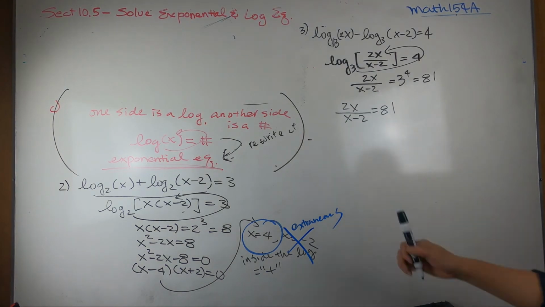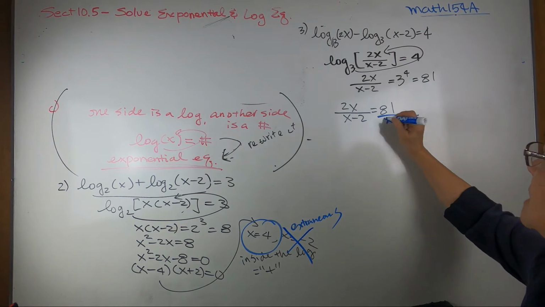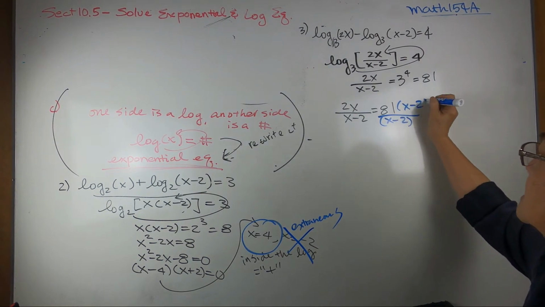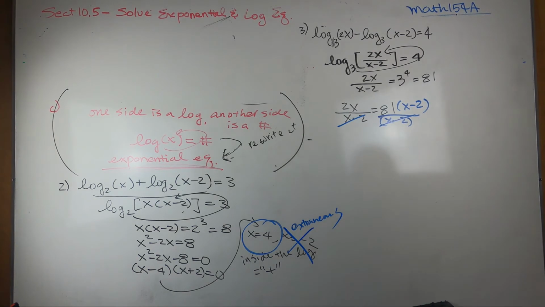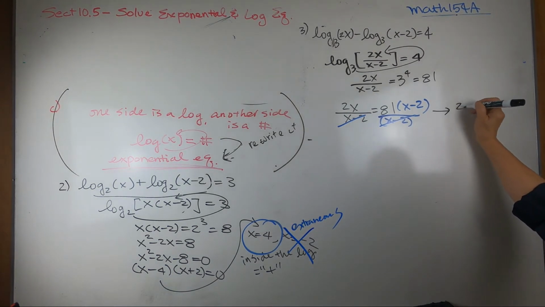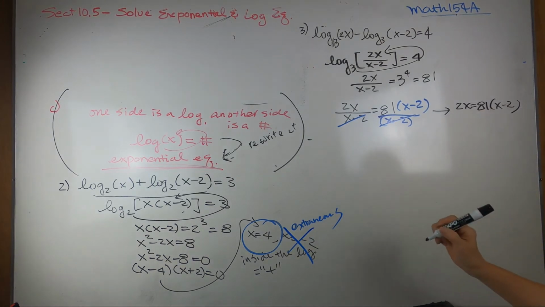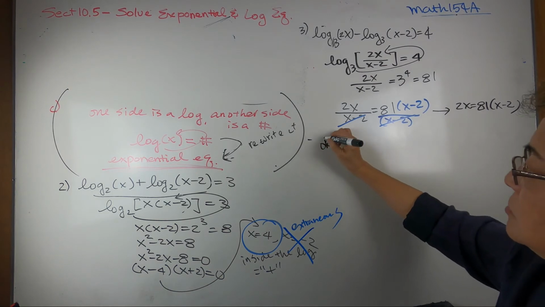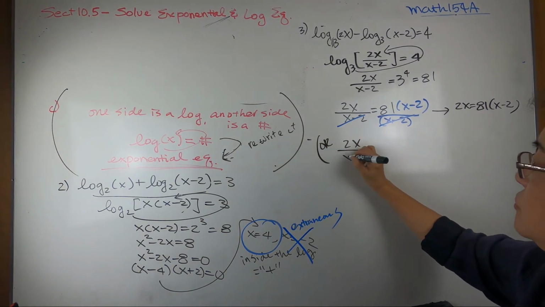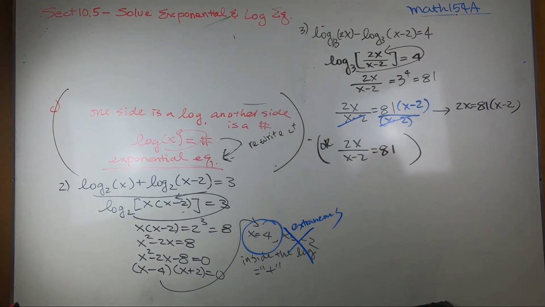Okay, then how do you solve this one? We can make the denominator the same. You multiply, then you cancel out, and we will have 2x equals 81 times x minus 2. Another way, usually what we do, if you understand this concept, is the shortcut.